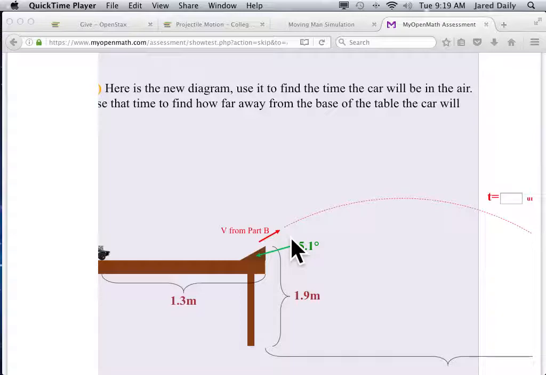But there's another one, which is the final position in y equals the initial position in y, plus the initial velocity in y times time, minus 1/2 g t squared. In this one, we know g, we know initial velocity y, we know initial position y, we know final position y, we know everything except the time. So in part D, we can use this equation to solve for t, because we know everything else.